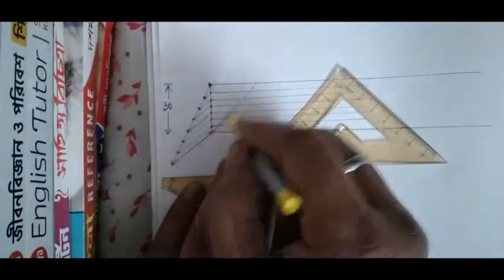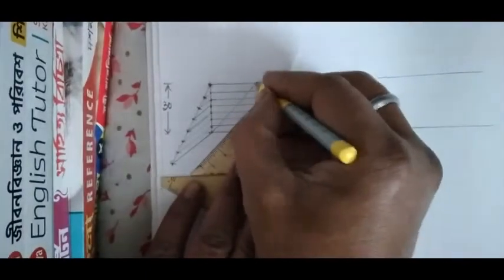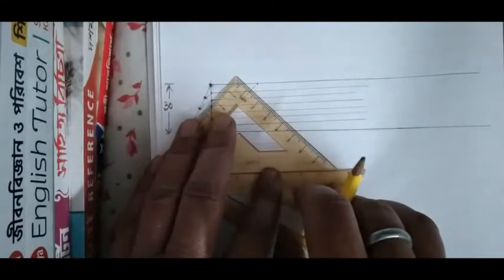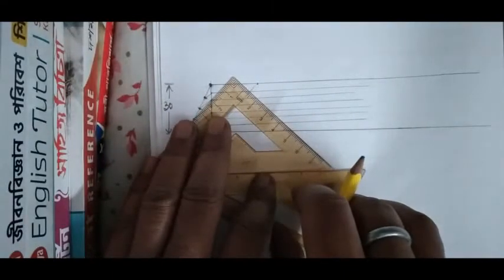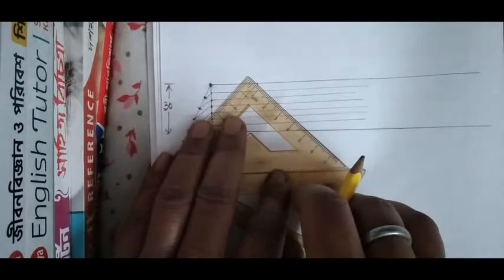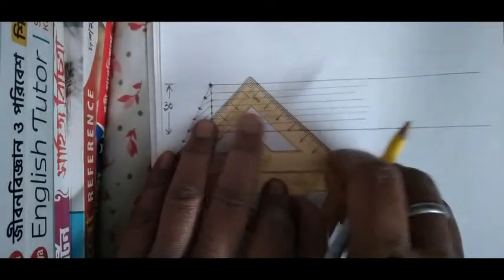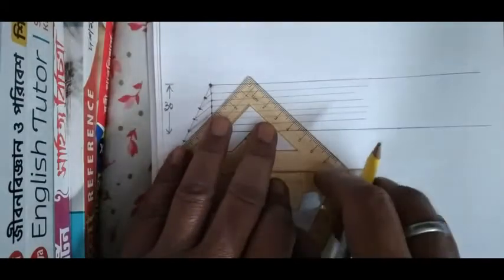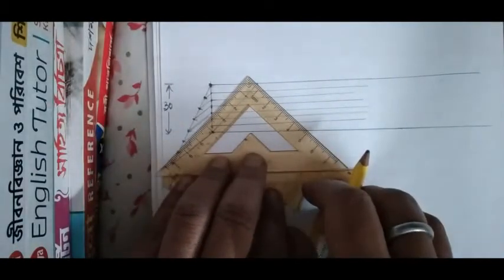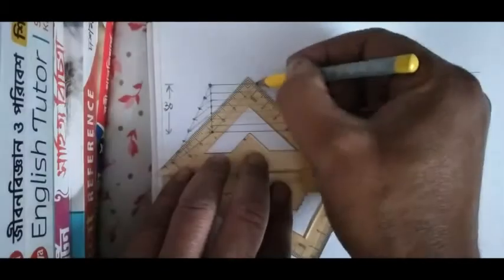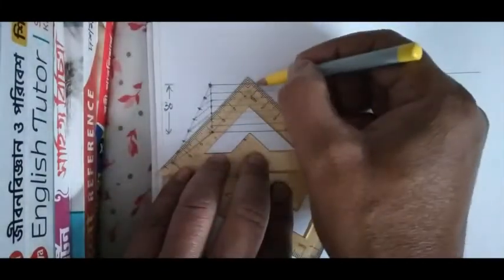So we draw a line through this point at an angle of 45 degrees with the set square up to the top line here, and again we draw another line at an angle of 45 degrees from this top point to the bottom point, with the help of the 45 set square, just like this.